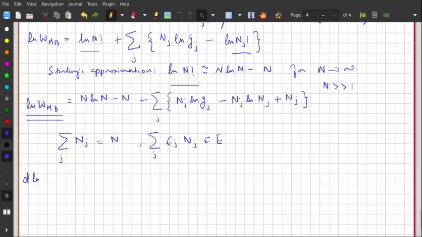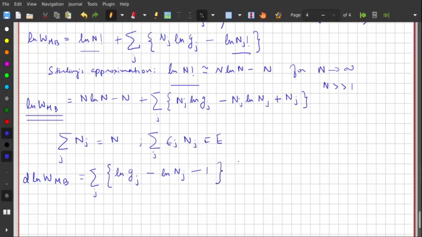So we want d log W_MB, we want to maximize that. That will become sum over j, let's do this term first, differentiating with respect to nj itself, so this will become log gj minus log nj minus 1, times dnj.